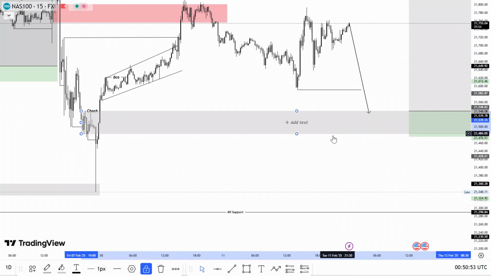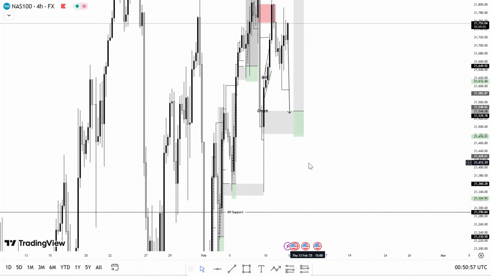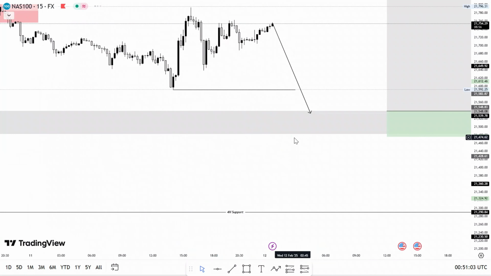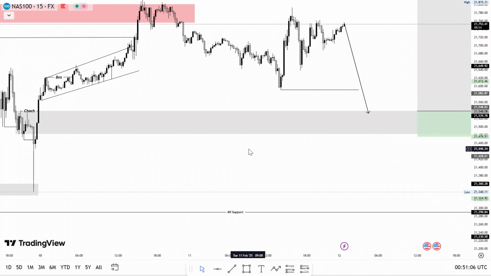Okay, and this particular level, which is this level here, is an order block in the 4 hour time frame. You see, this level is an order block in the 4 hour time frame. The market has a high chance of coming to that particular level. So that is how you analyze your charts. You start from the 4 hour time frame, you look for your support and resistance, then you go down to the 15 or 30 minutes time frame.